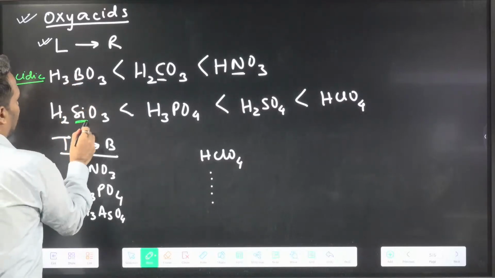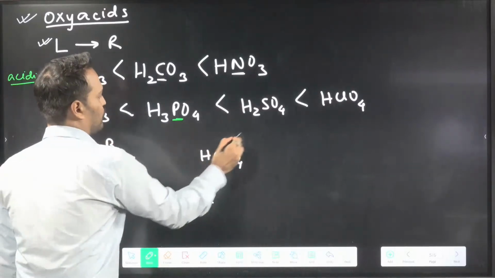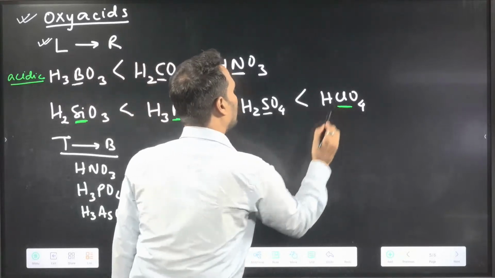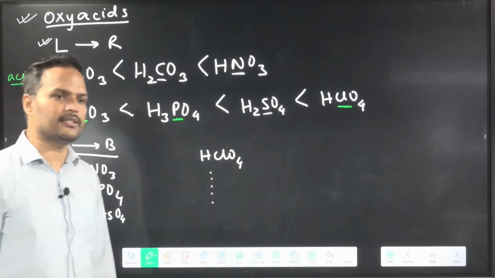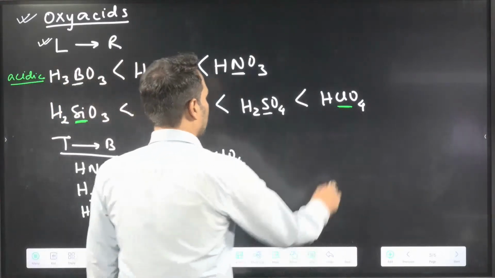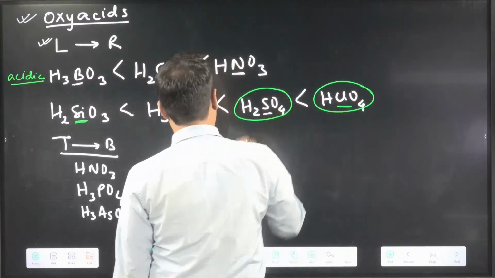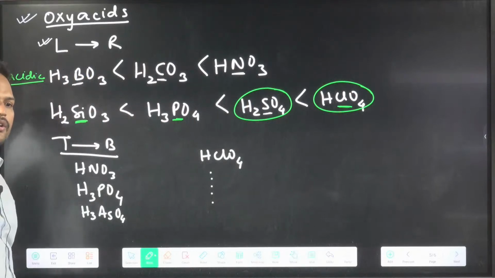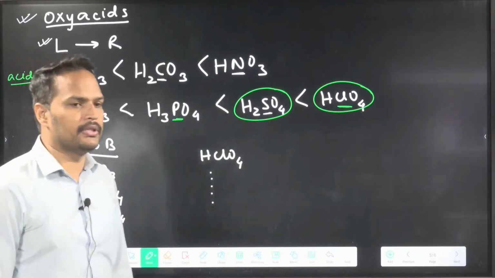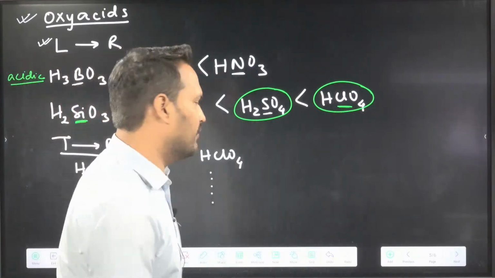Come in the third period: silicon, phosphorus, sulfur, chlorine. In a period left to right, acidic strength increases. So who is a stronger acid, HClO4 or H2SO4? So everywhere we are having same example that in a period acidic strength will increase.